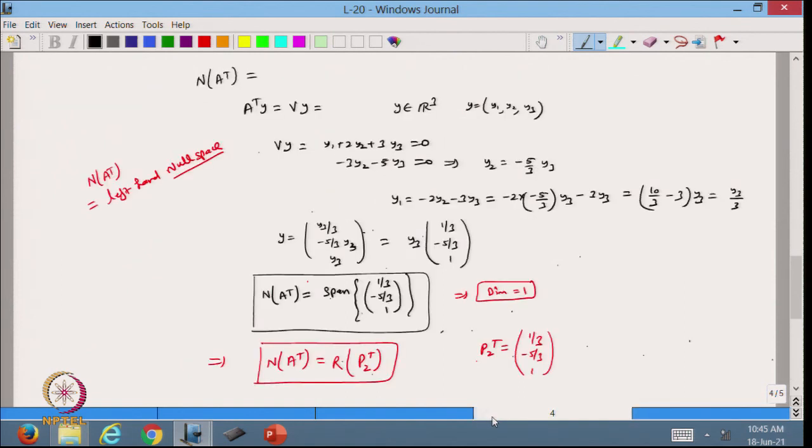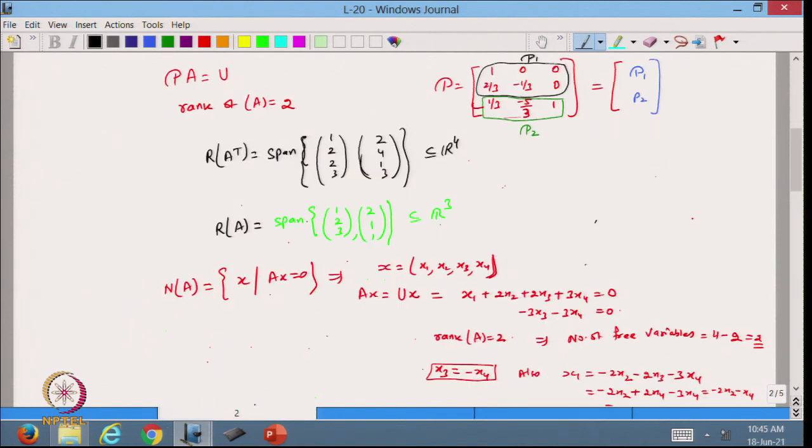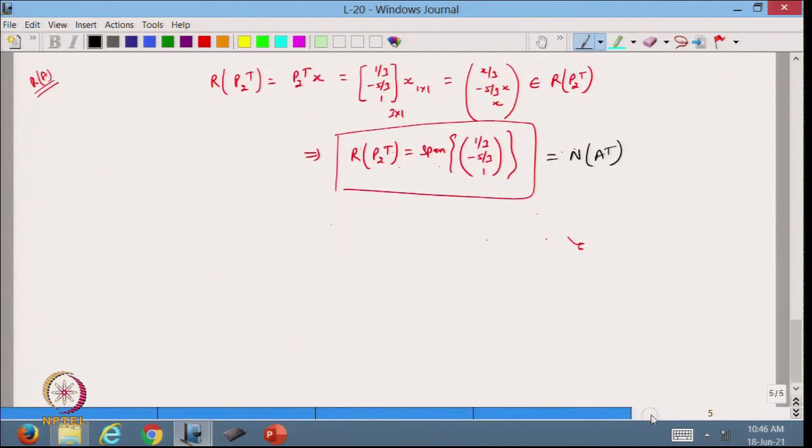It means that there is no need to write the transpose of the given matrix, convert it into echelon form, and then write the null space of A transpose. It can be found directly by the span of the matrix P2 that comes from this matrix. P2 is basically what we get when we convert the matrix P into P1 and P2 form.